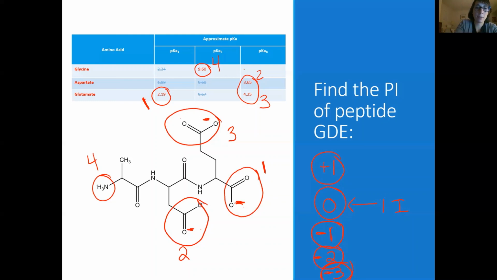So again, let's think about each of these transitions. To go from this first state to this state, we had to first pass our first pKa, and this is of that group 1, which I have highlighted as 1. And to go from this point to this point, we had to dissociate our next proton at pKa 2.